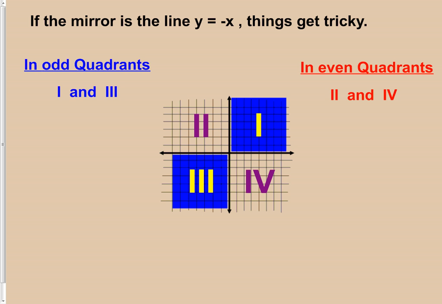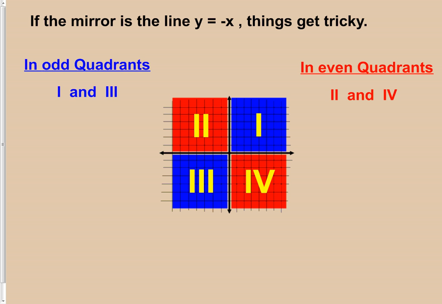And there are your odd numbered quadrants. Okay, quadrant 1 up and to the right, and then vertically from that, quadrant 3 down and to the left. Those are your odd numbers. And then, of course, quadrant 2 and quadrant 4 are your even numbers. Okay, and of course they are vertical from each other as well.